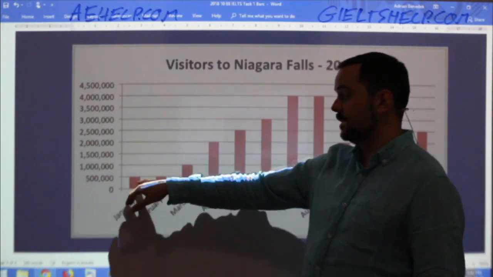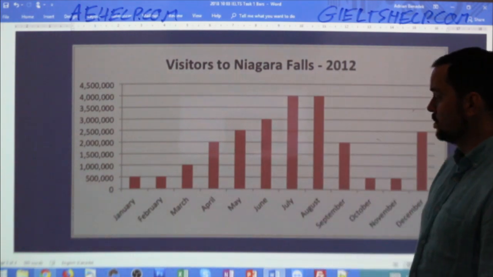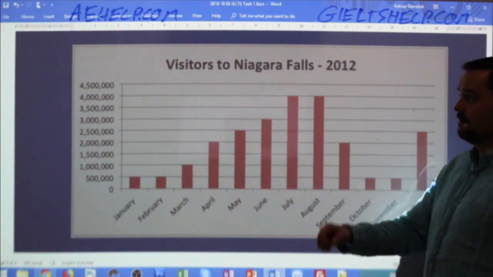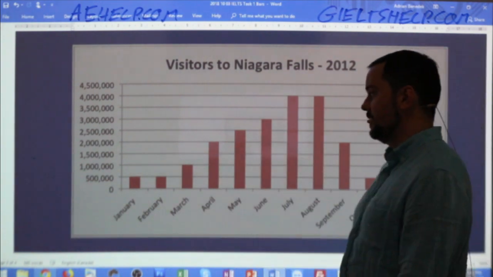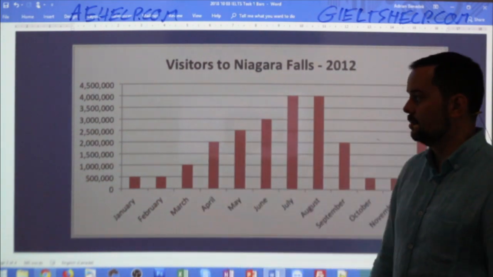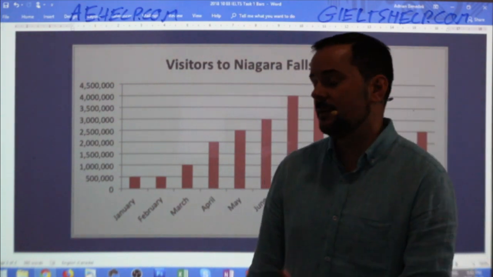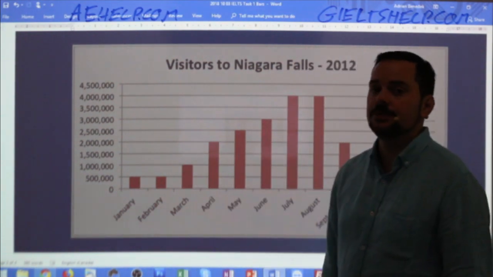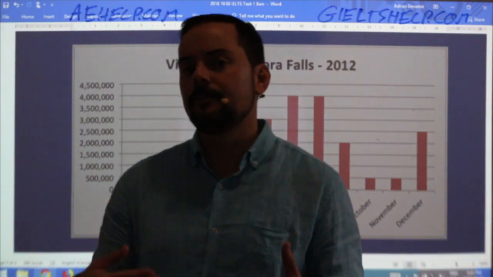So our goal is not to say January and February get 500,000 visitors while July and August get 4 million visitors. On the other hand, the month of April is somewhere between the two at 2 million visitors. Okay, your audience can see that. If you're giving a presentation, they can see the numbers. Your goal as a human is to interpret data.